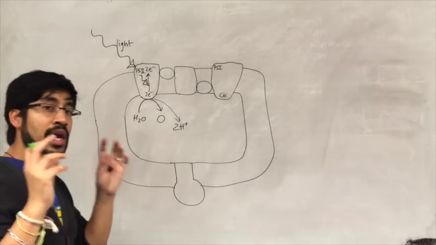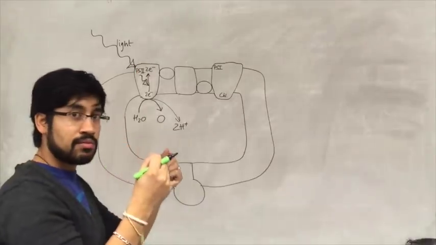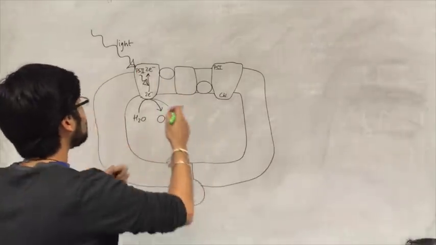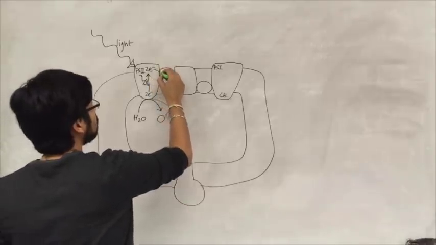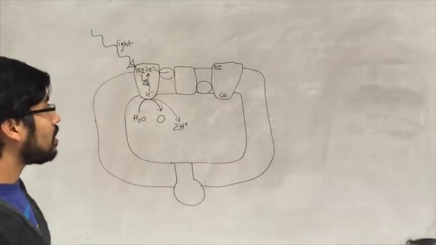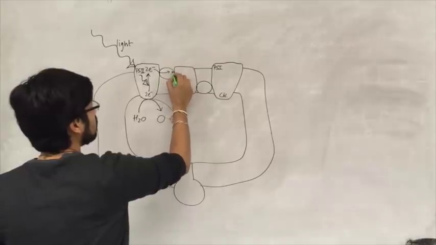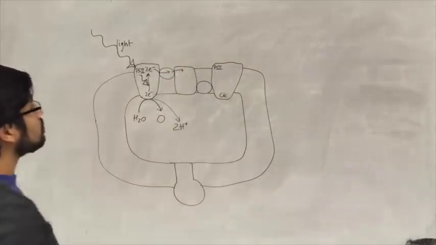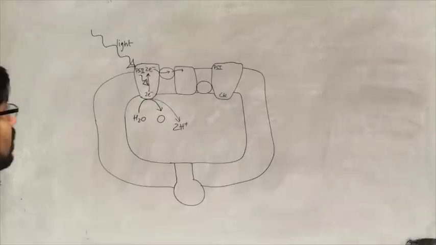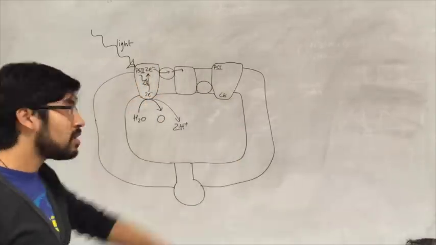Well, remember now, the energy from light is now in those electrons, right? They've been raised to a high energy state, and they get passed through electron acceptors and electron carriers. So the high energy electrons are now moving through the electron acceptors, electron carriers, essentially an electron transport chain.